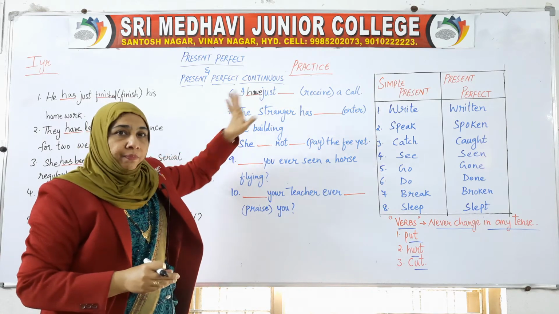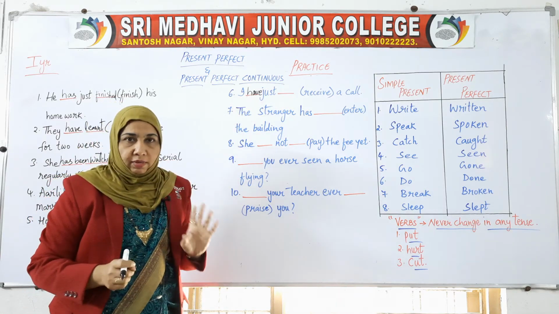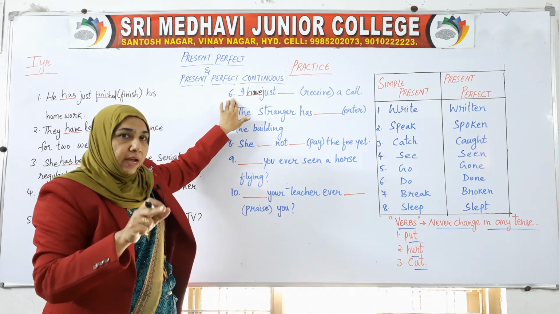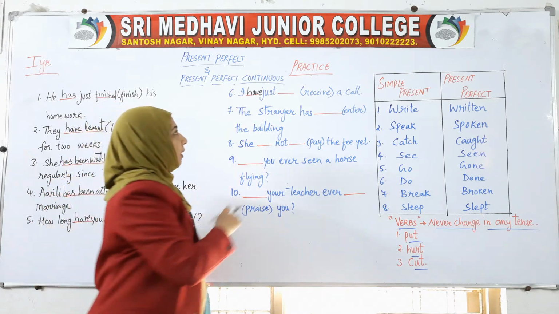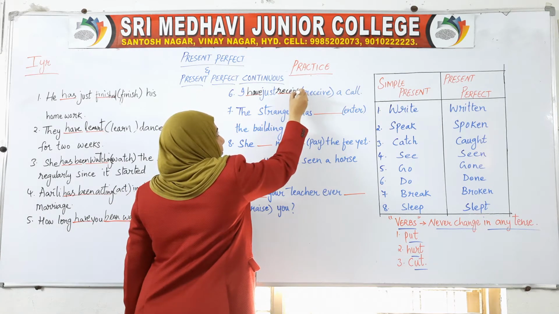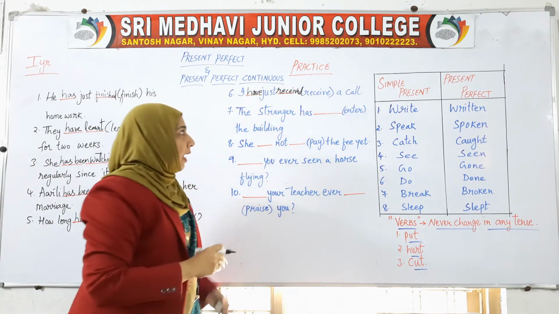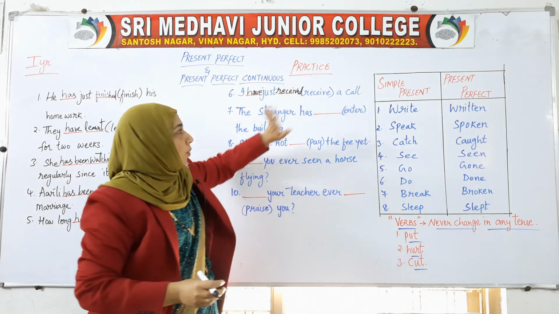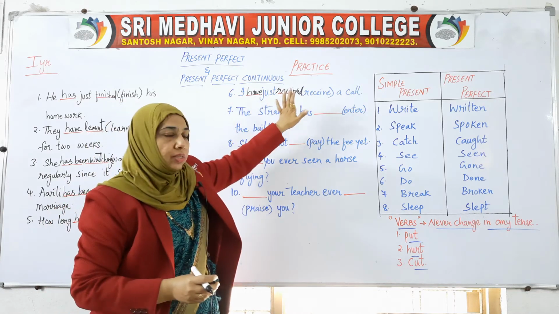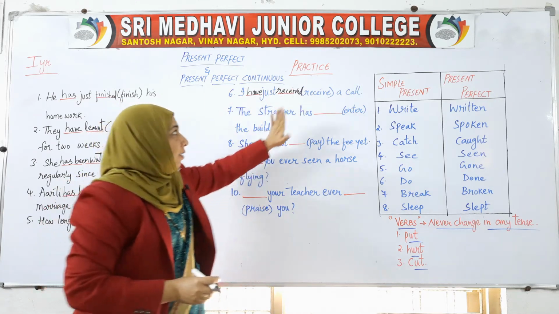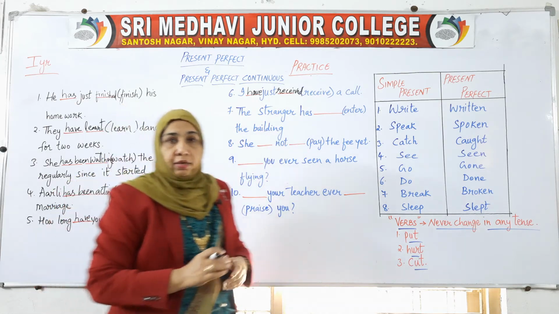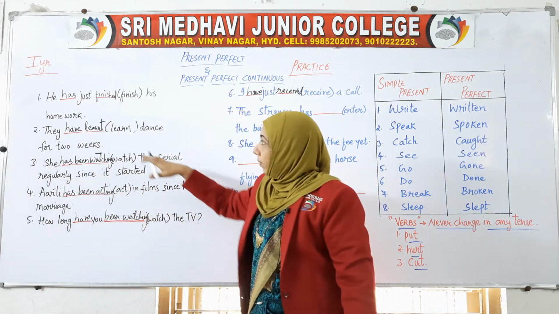I have, the first person singular. If it is we also we have to use have. I have just received. Here ed is to be added. E is already there, we have to add d. Received a call. I have just received a call. We could not use the same form of receive. Here also we have done the same, like finished.